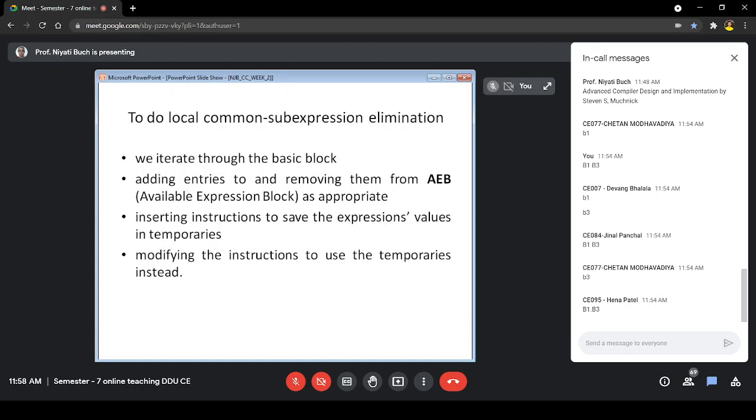Which expressions are called available expressions, I'm going to define later, but right now you have to understand that it is a set in which we will make some entries and delete or remove some entries. Second, we will insert instructions to save the expression values in the temporary.